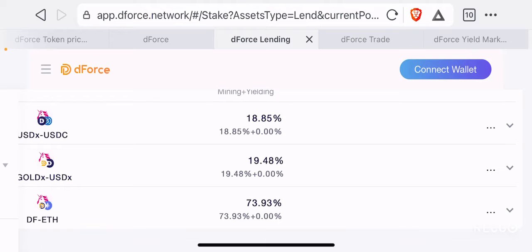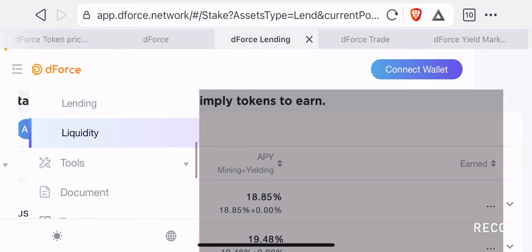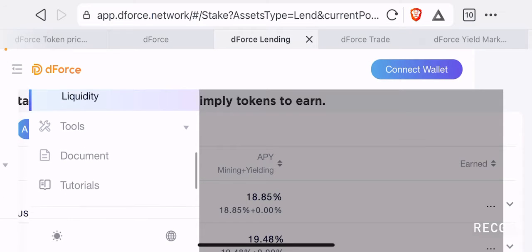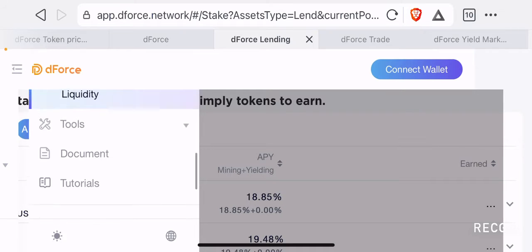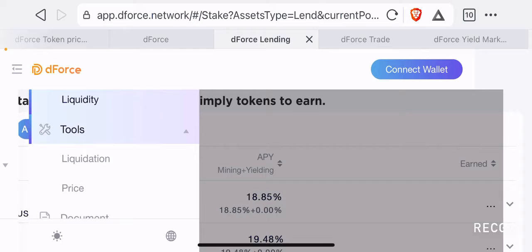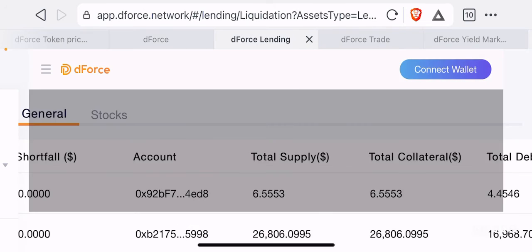For DF ETH pool, you can earn 73.93%. Again, that's what you'd expect from a DeFi APY, but it seems like DForce has really horrendous APYs for many of its pools. You can also access tutorials, documents, and tools for liquidation as well as for price identification.